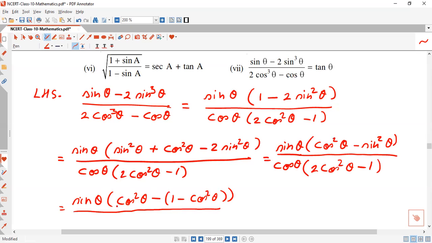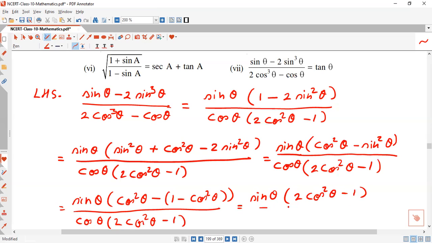So we have sin theta upon cos theta times 2 cos square theta minus 1 divided by 2 cos square theta minus 1. The 2 cos square theta minus 1 in the numerator and denominator cancel out, and we get tan theta. This is the proof.